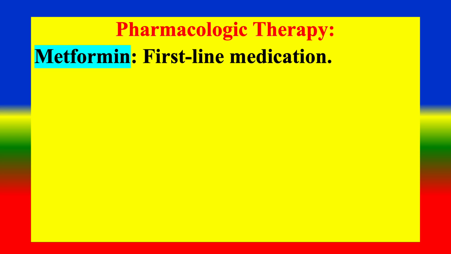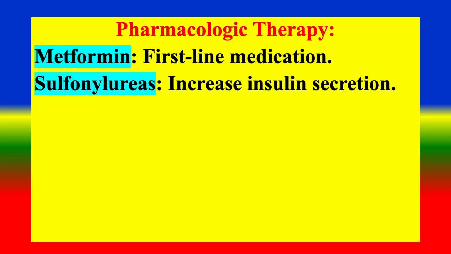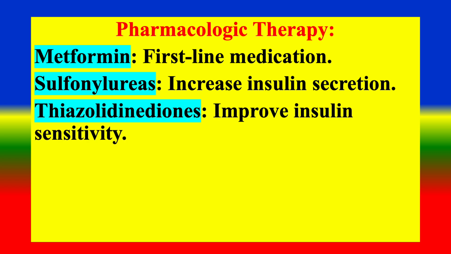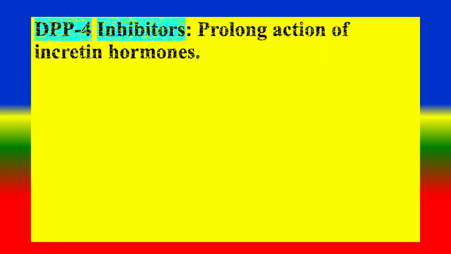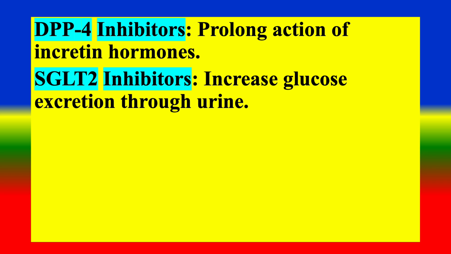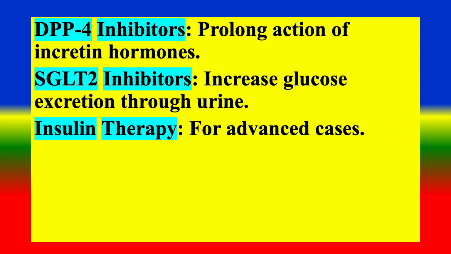Pharmacological therapy: metformin, first line medication; sulfonylureas, increase insulin secretion; thiazolidinediones, improve insulin sensitivity; GLP-1 receptor agonists, enhance insulin secretion; DPP-4 inhibitors, prolong action of certain hormones; SGLT2 inhibitors, increase glucose excretion through urine. Insulin therapy for advanced cases.